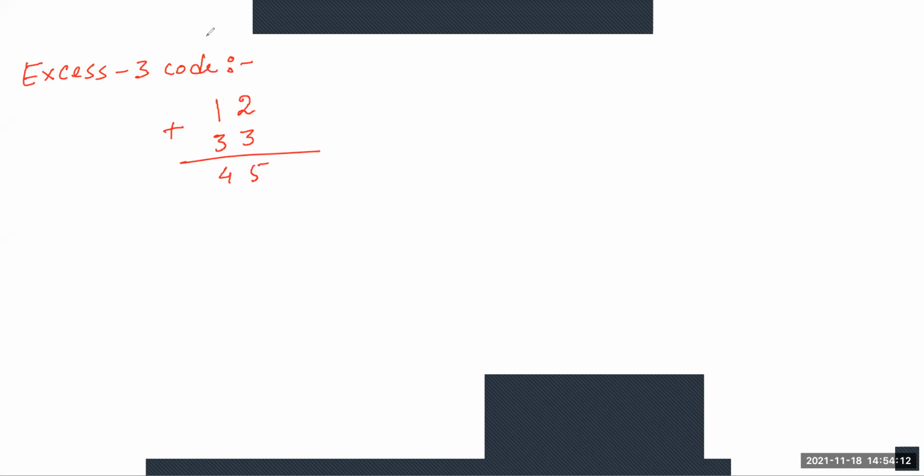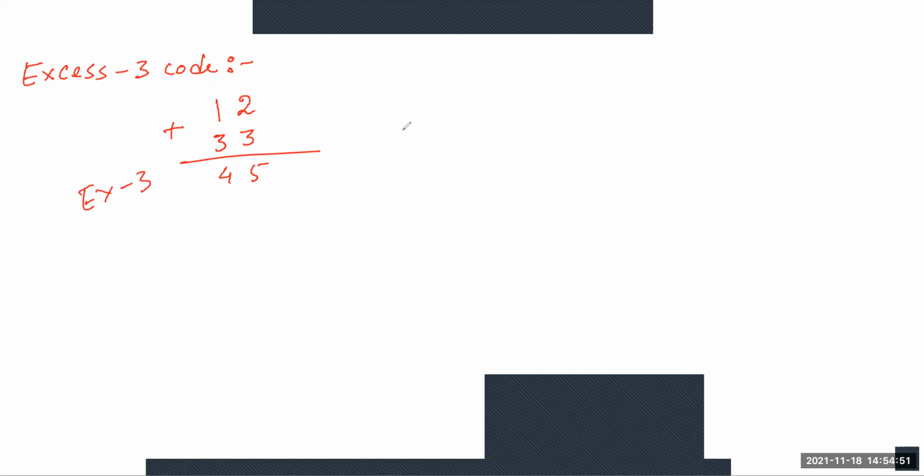In BCD addition, what did you see? Addition happens with each digit. So here 12 means 2 digits, so XS3 means 3 is added once with 2 and once with 1. That is why we are getting 45 here. So this 45 is the XS3 code for 12. Now it is clear? Yes, sir.